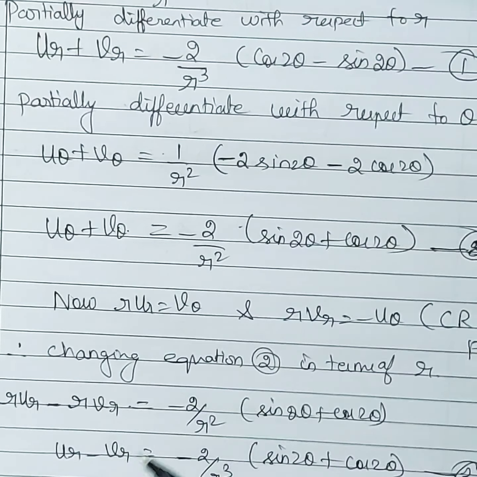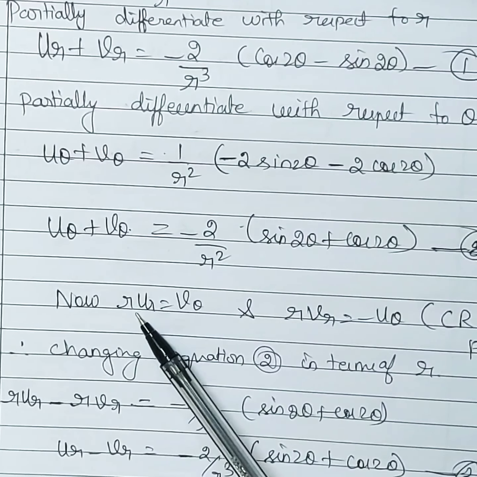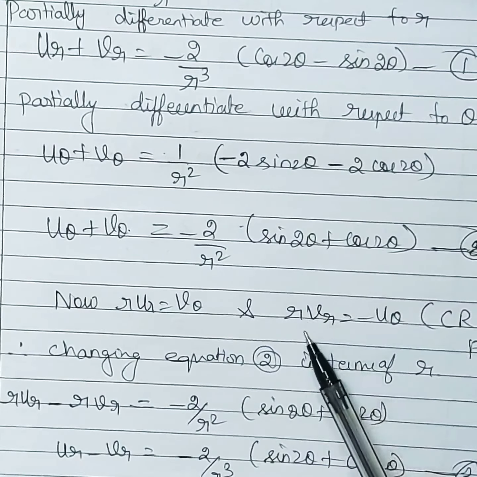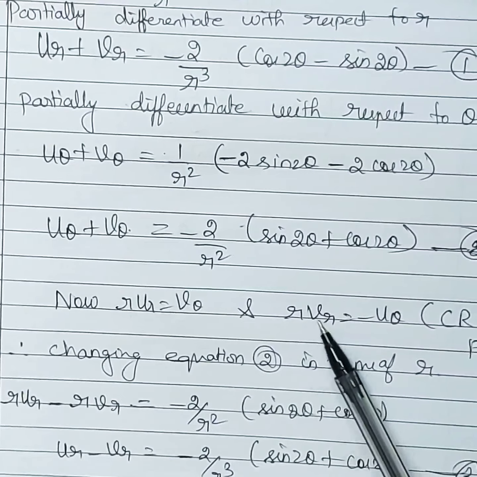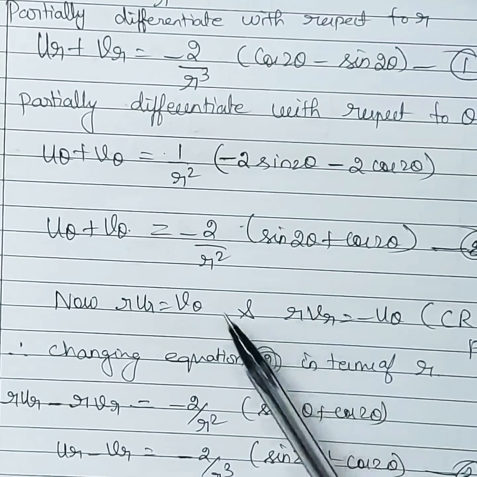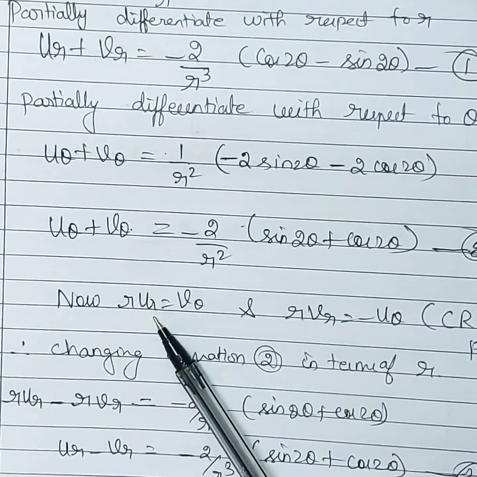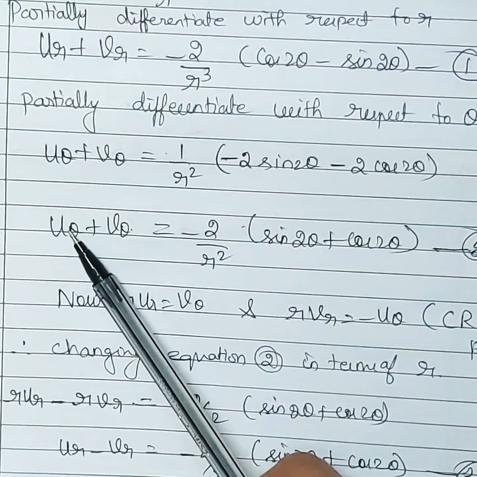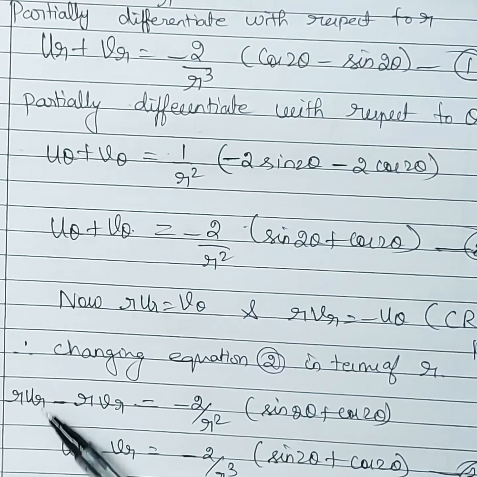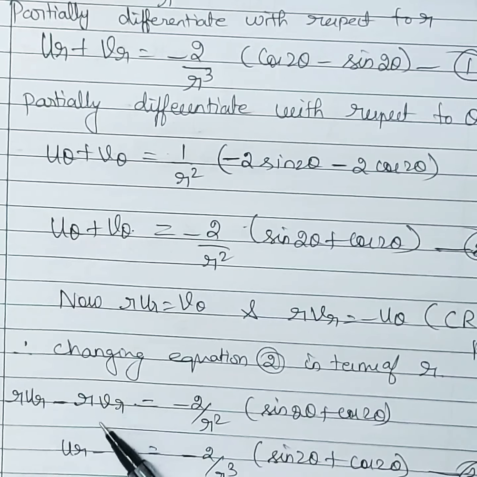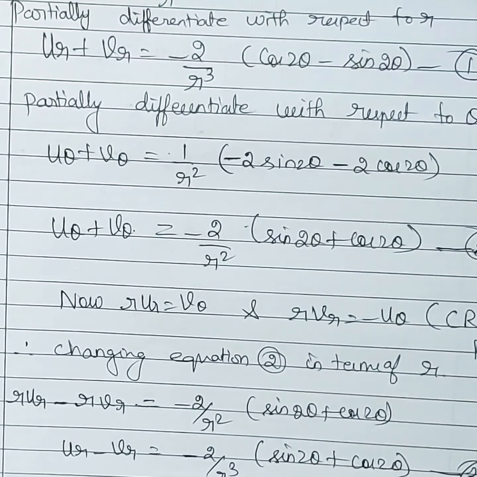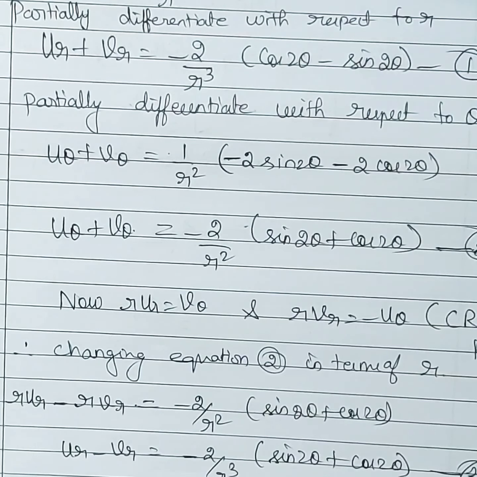In the place of u_theta, I am going to substitute minus r v_r. In the place of v_theta, I am going to substitute r u_r. Since it's u_theta plus v_theta, I have written r u_r plus minus r v_r. Just substituted. The right hand side we have written as it is: minus 2 by r square (sin 2 theta plus cos 2 theta).